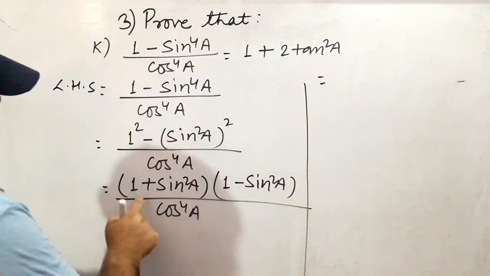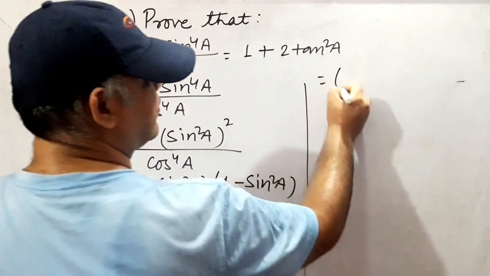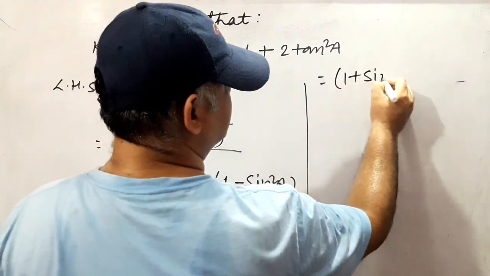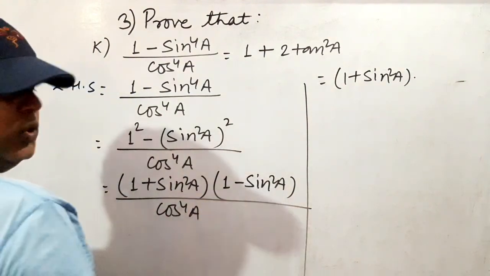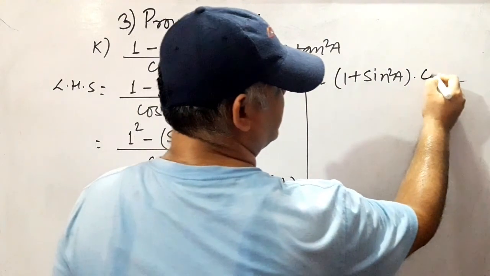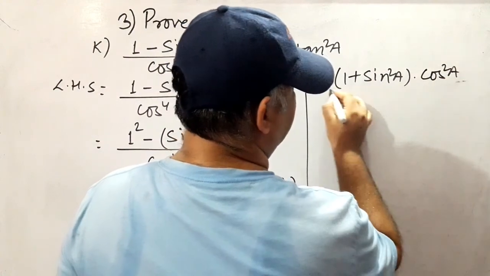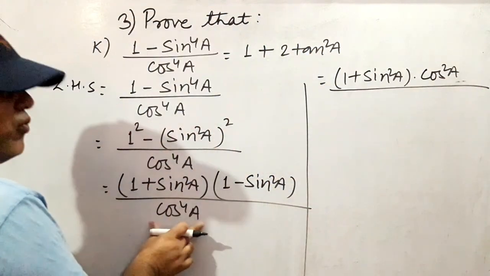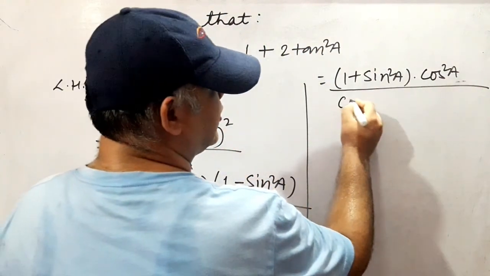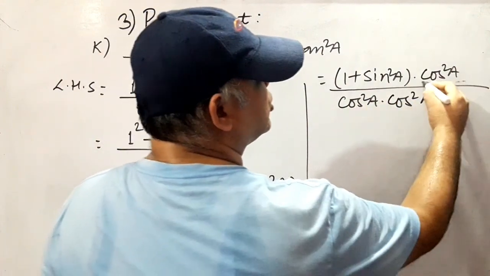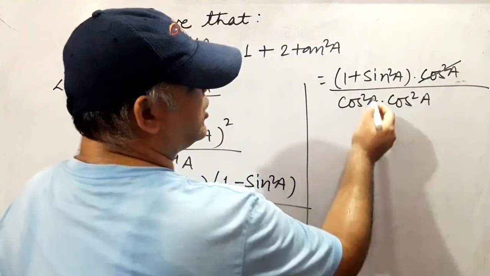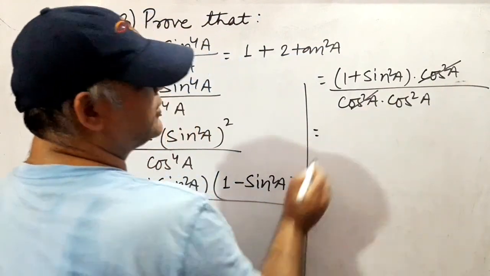This equals (1 plus sin^2 A) into (1 minus sin^2 A, which is equal to cos^2 A), by cos^4 A, which can be broken as cos^2 A into cos^2 A. Cos^2 A in the numerator and cos^2 A in the denominator get cancelled.